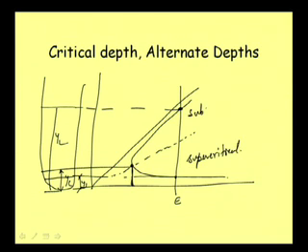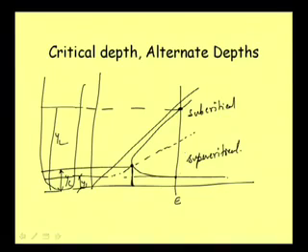Of course, we discussed that when we were discussing the classification of flow itself, what is subcritical flow and supercritical flow. And here also the same thing, just recalling that depth y1 is a depth in the supercritical region, and y2 is a depth in the subcritical region.